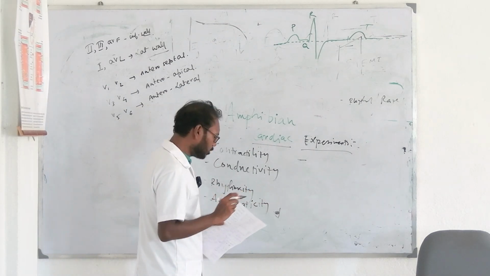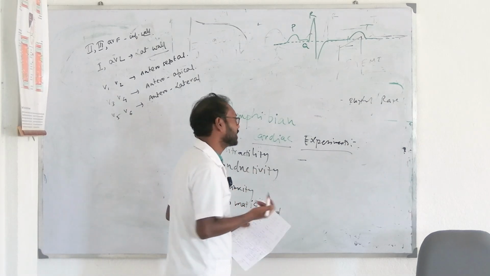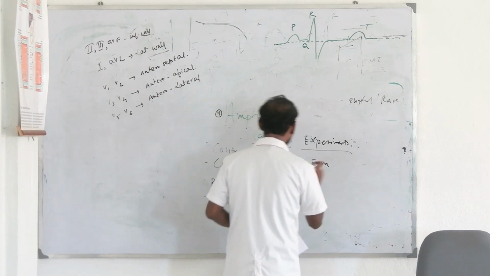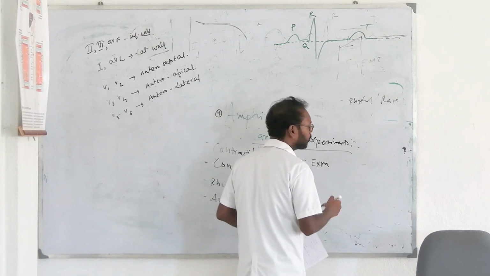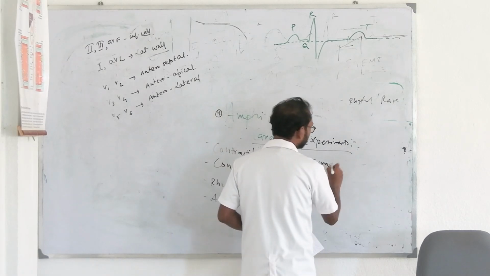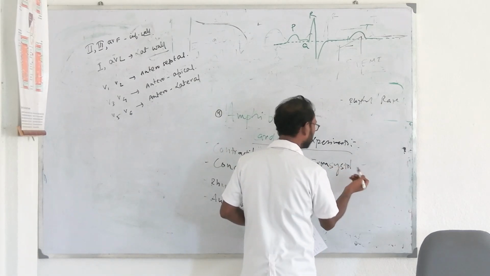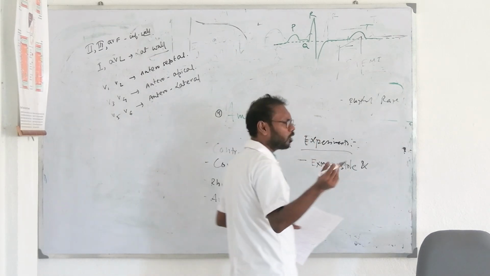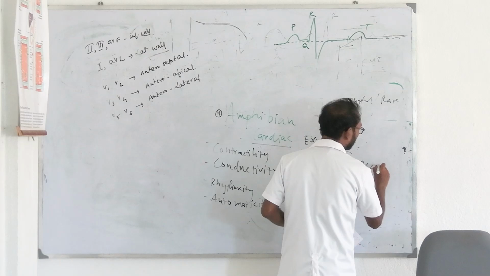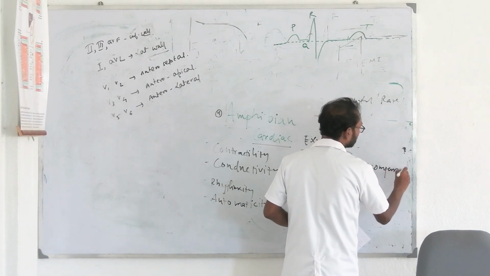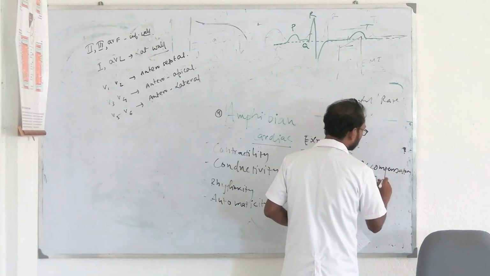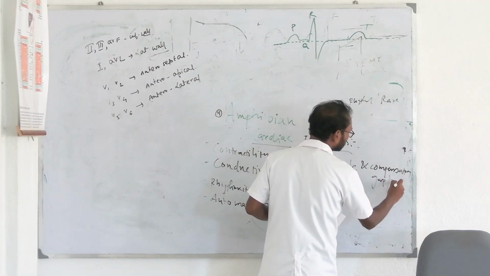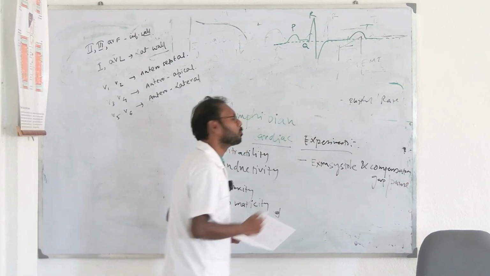And also a few extra characteristics, like we will be discussing all these things. Just first write these points: extrasystole and compensatory gap, or pause, extrasystole and compensatory pause.